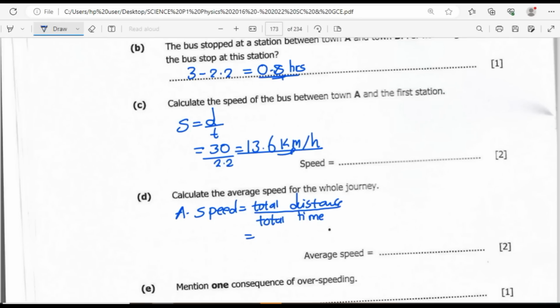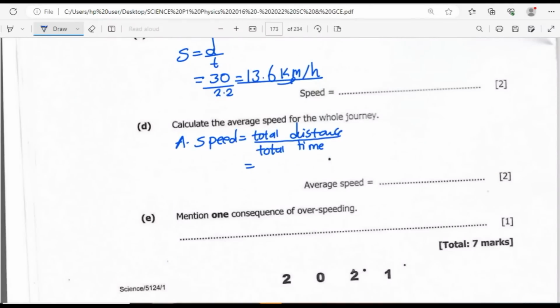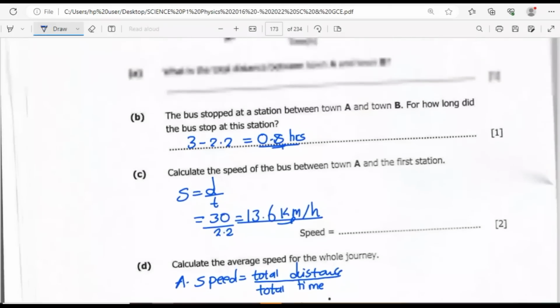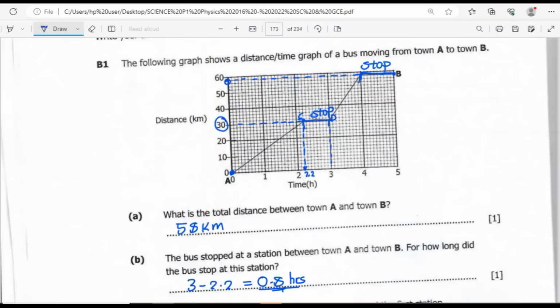Then let's go back. Total distance we once calculated, that is 58 kilometers. What is our total time? Our total time will be at this point, because this is where the second stop began.